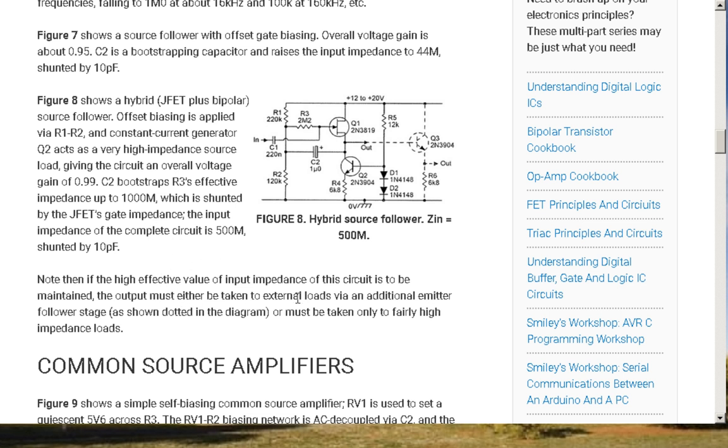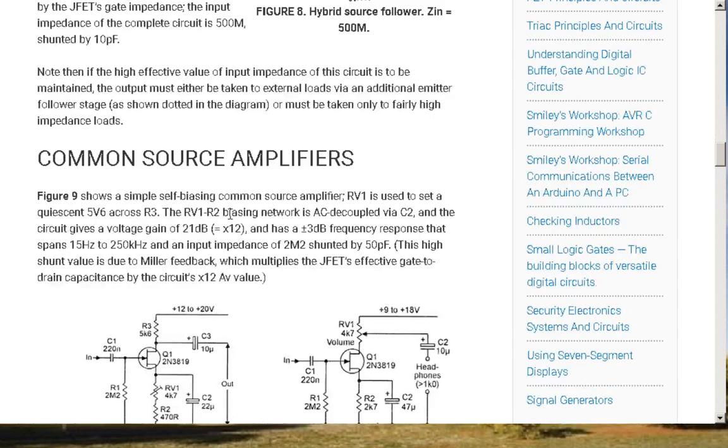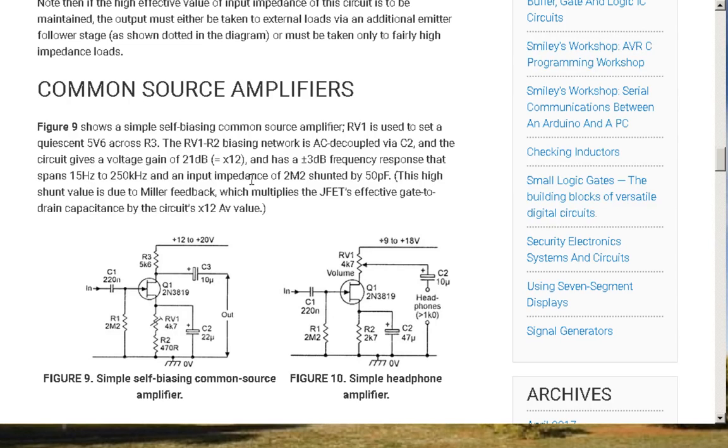Note, if the high input impedance of this circuit is to be maintained, output must be taken to external loads via an amplifier, to fairly high impedance loads. Hmm, 15 hertz to 250 kilohertz.